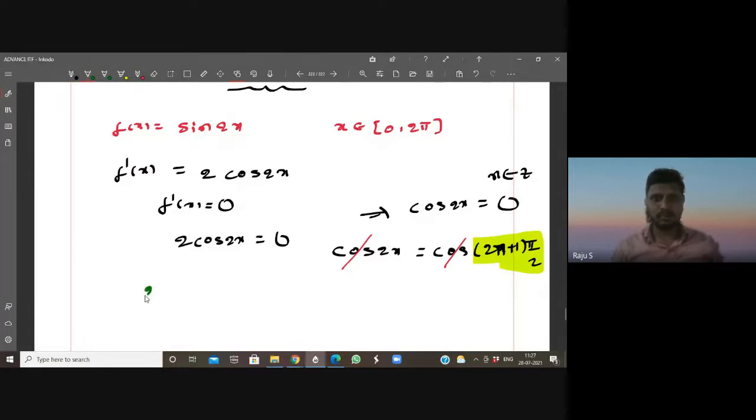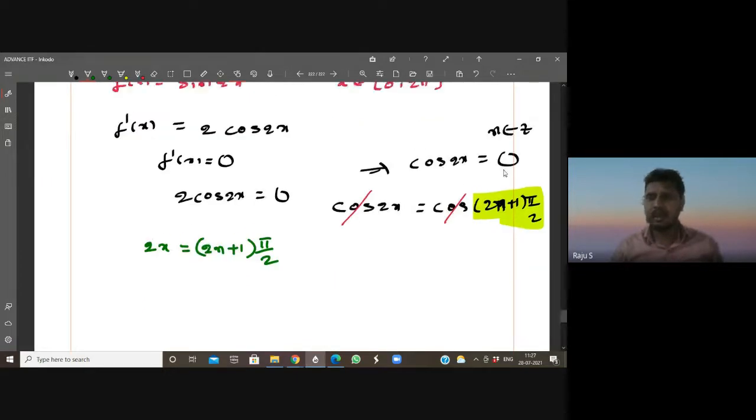So 2x is equal to 2n plus 1 into pi by 2. Is it clear? I have written this in the general solution. When n is equal to 0, we get 90; n is equal to 1, 270; n is equal to minus 1 is minus 90; n is equal to minus 2 means minus 270. At every integer, it will become 0.